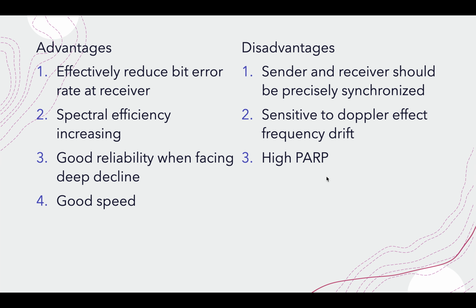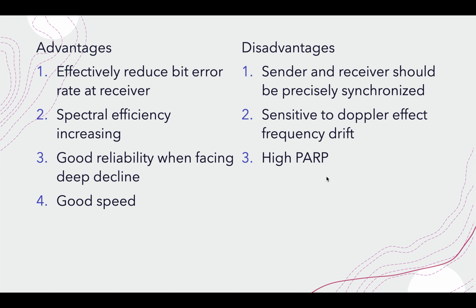Also, there are a lot of advantages and disadvantages of OFDM. For advantages, OFDM can effectively reduce its bit error rate at the receiver. Also, the spectral efficiency is increased. It has good reliability when facing deep fading, and the transmission rate is really good.